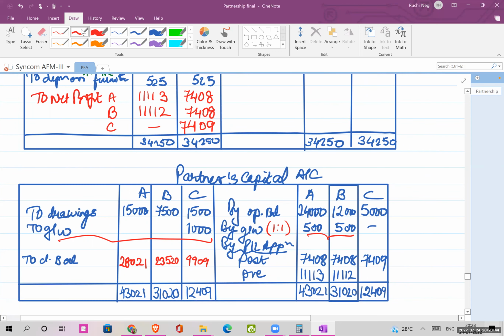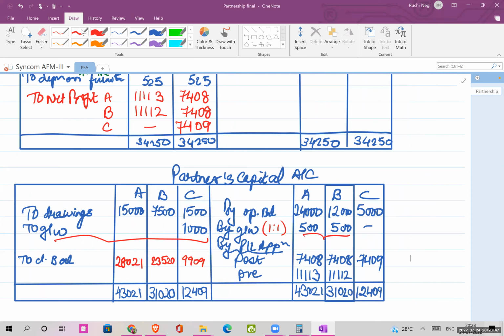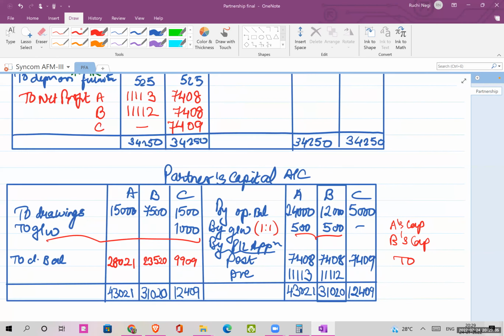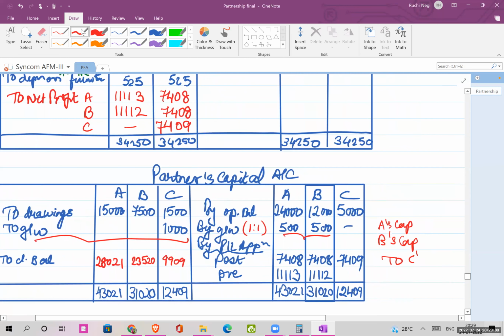So the journal entry will always be, his share of goodwill you're taking, correct? It is actually A's capital, B's capital to the admitted partner, C's capital.